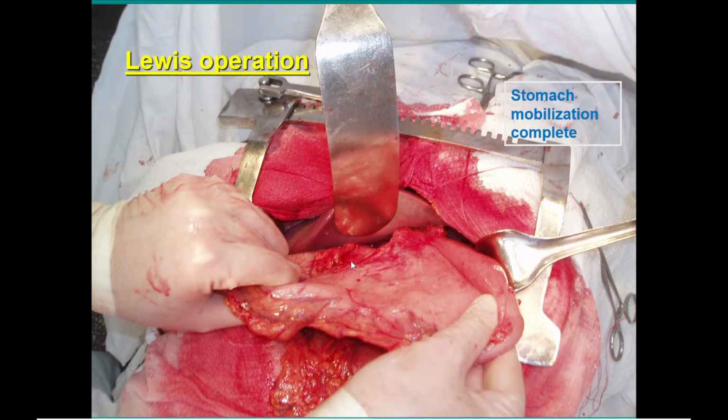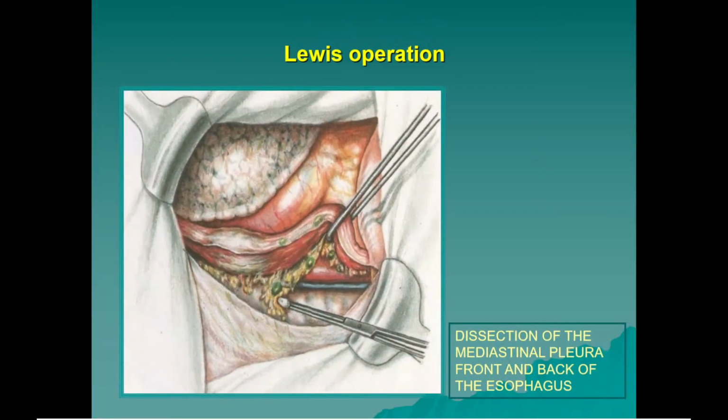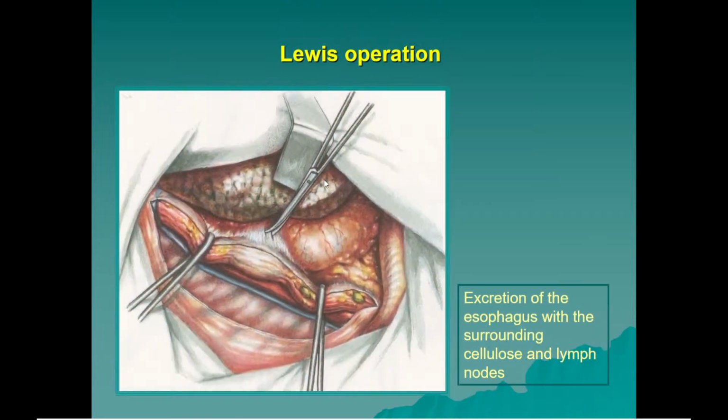It is the stomach. Dissection of the mediastinal pleura, front and back of the esophagus. Excretion of the esophagus with the surrounding cellulose and lymph nodes.